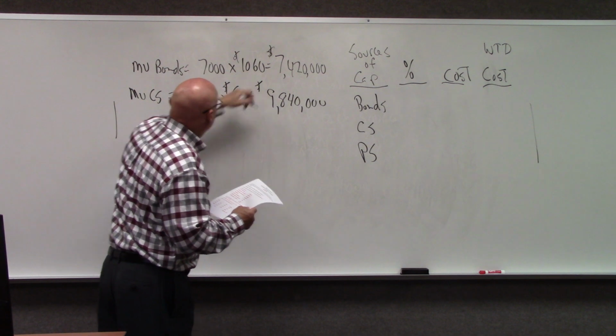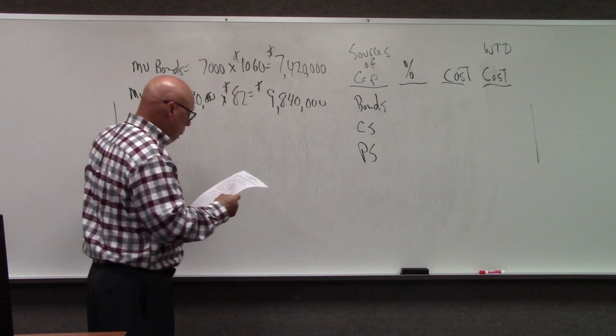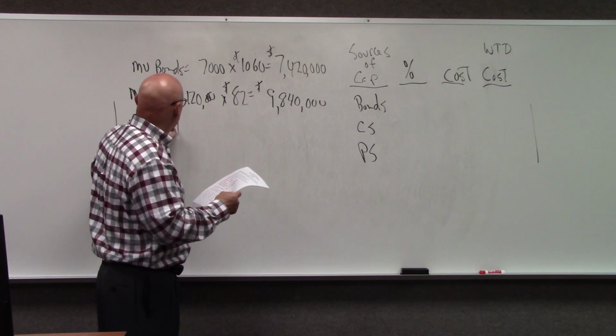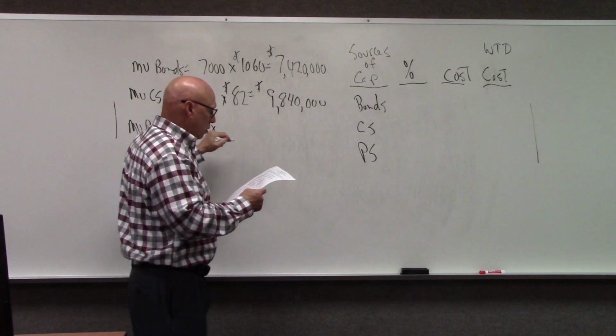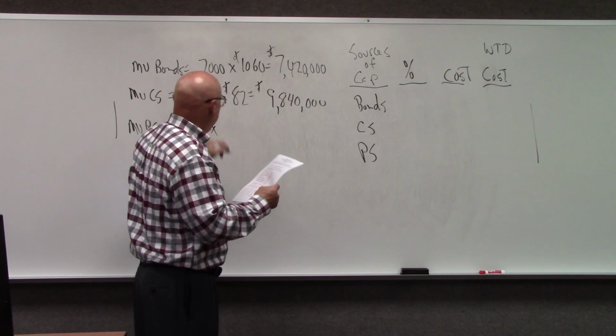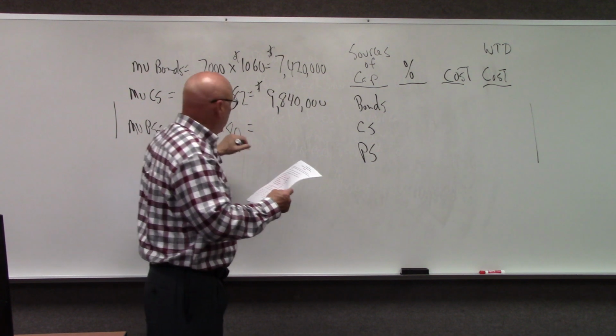So we're putting this all together. And then we have the market value of preferred stock, and we have 10,000 shares times $80 per share, and that's 800,000.